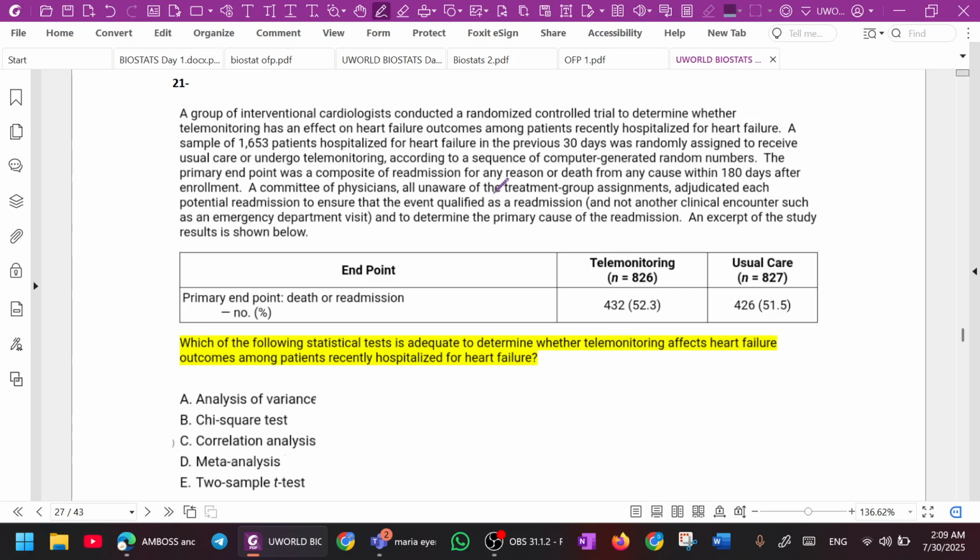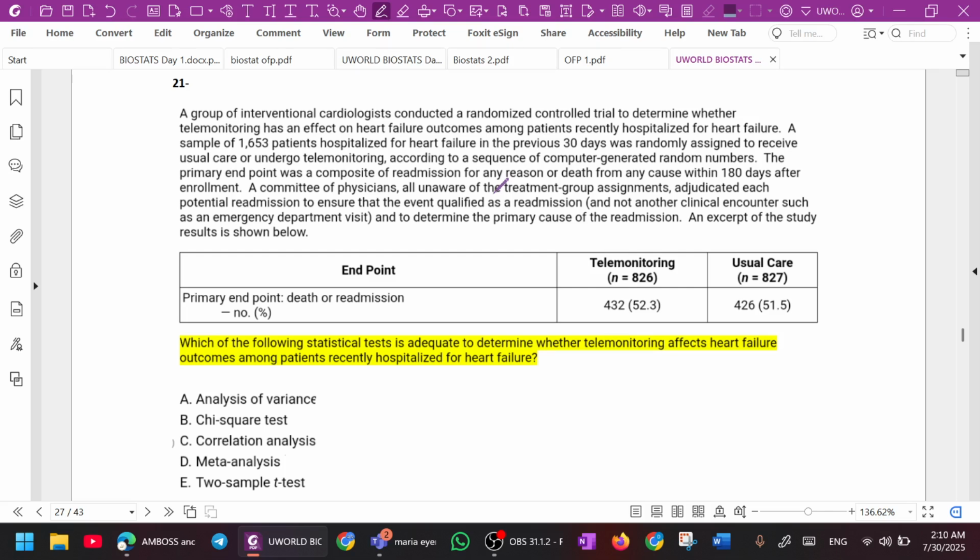A sample of 1653 patients hospitalized for heart failure in the previous 30 days was randomly assigned to receive usual care or undergo telemonitoring according to the sequence of computer generated random numbers.